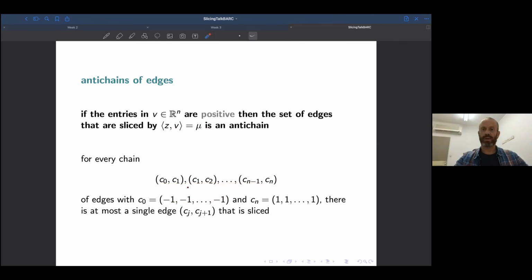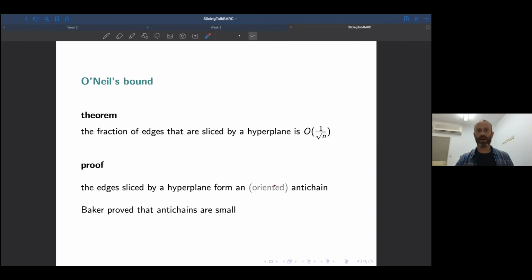So at most once in all of this sequence of vectors do we cross the threshold. We don't cross it twice. Okay, this is the observation of O'Neill.